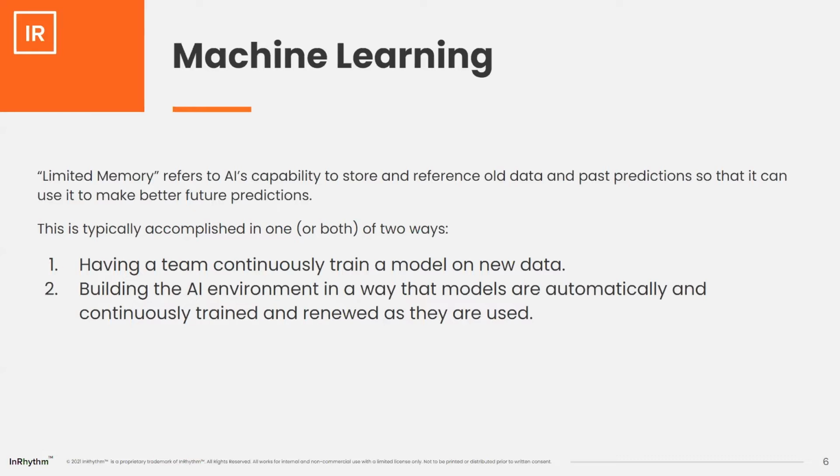The more that an AI matures, and especially if it's designed properly, you can actually build the AI environment in a way that models are automatically and continuously training themselves. This is like where a child learns to start reading, or they begin to be able to communicate better, right? That mental acuity is heightened. They're able to take in new information without having it spoon-fed to them.